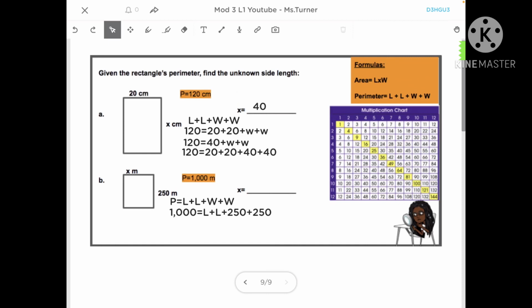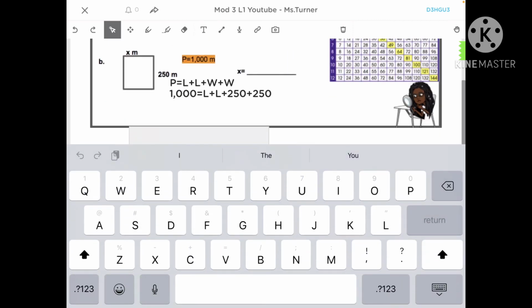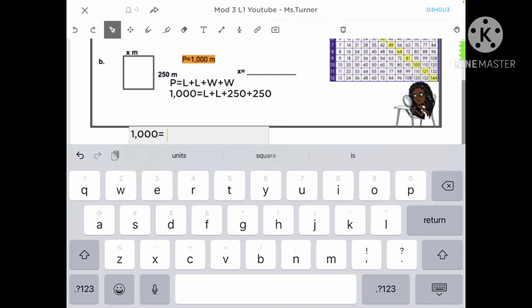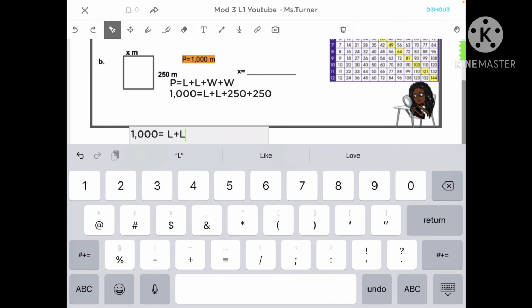Same as before, we're trying to make this problem smaller. So I can add 250 plus 250. What's 250 plus 250? Yeah, 500.